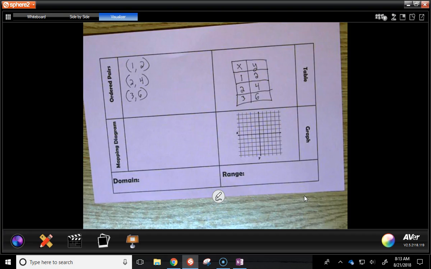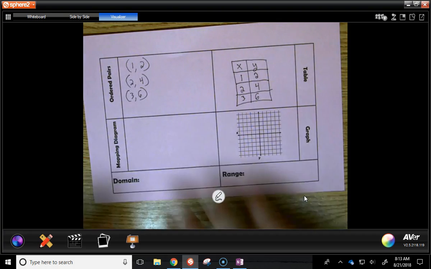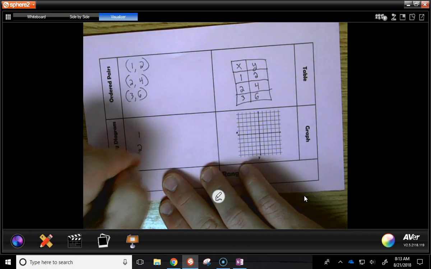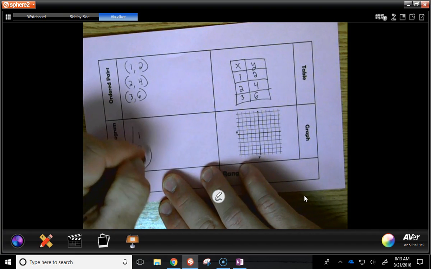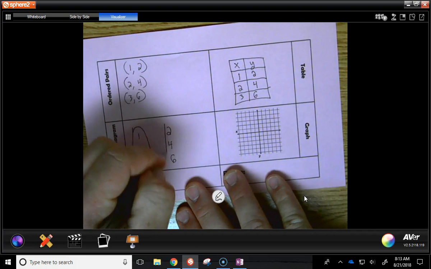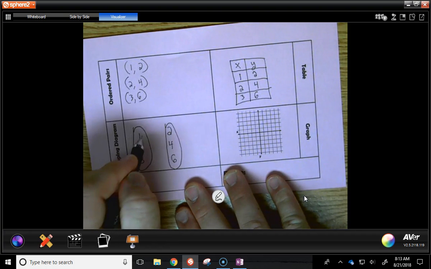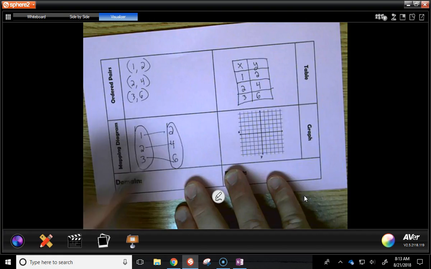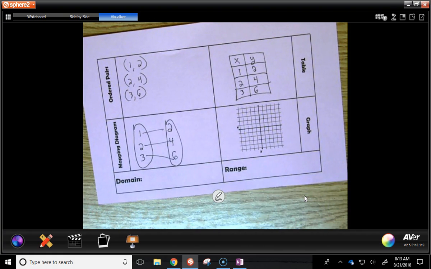A mapping diagram, what that usually looks like is where we just list them, and they draw them, just point it over. The nice thing is sometimes with the mapping diagram, they don't have to be written like the coordinate points. Like your line doesn't have to go straight across. It could have went down. Especially if it's not a function. Like maybe if this one wasn't a function, I'd say the 1 also goes down to the 6.